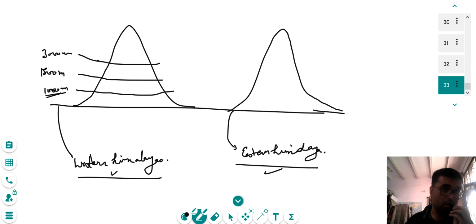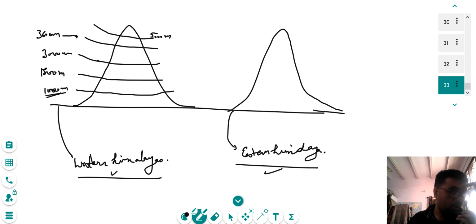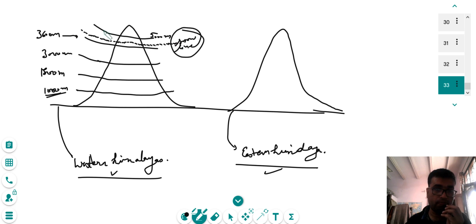Next comes 3600 meters, then this is 5000 meters. Somewhere here is the snow line of the Western Himalayas.